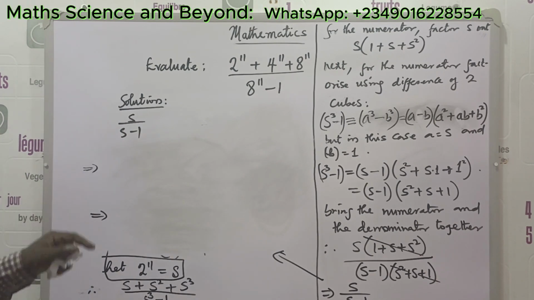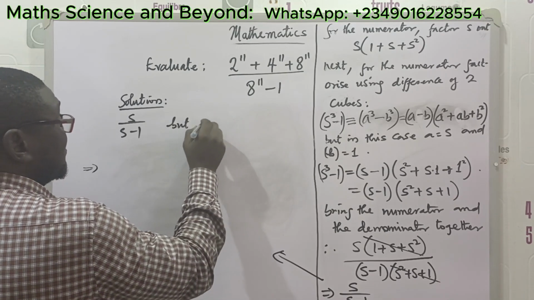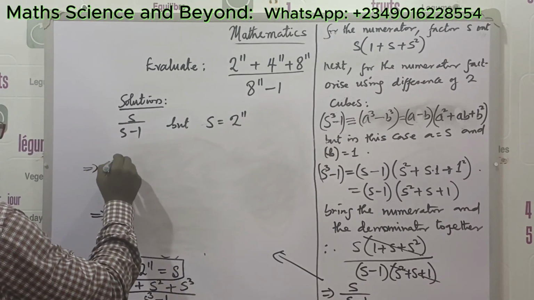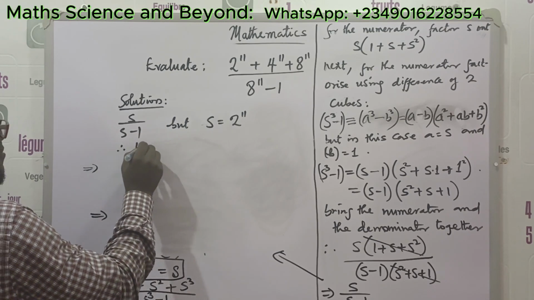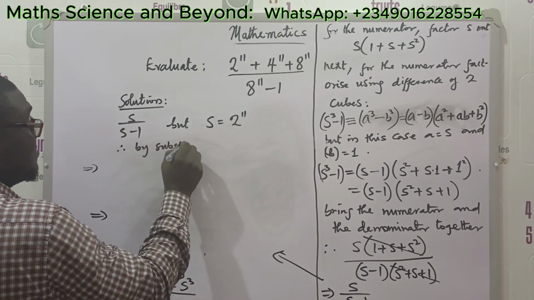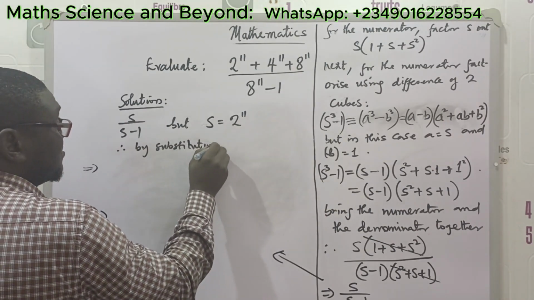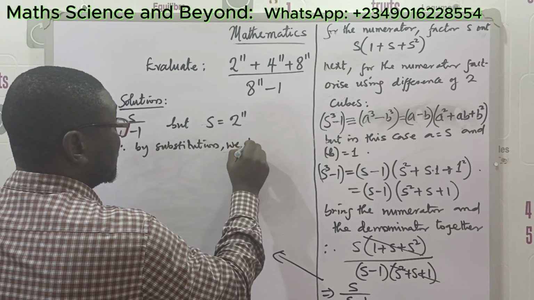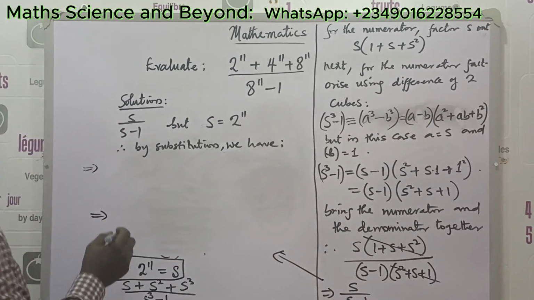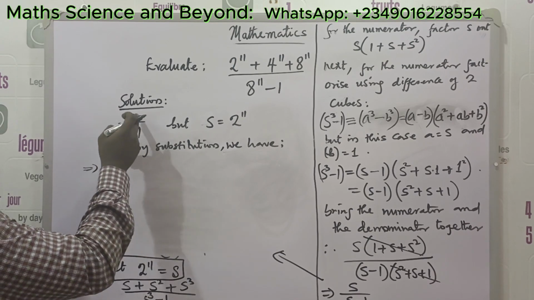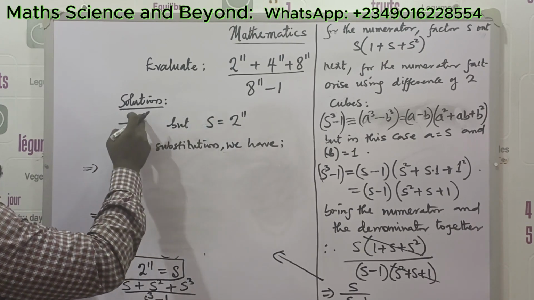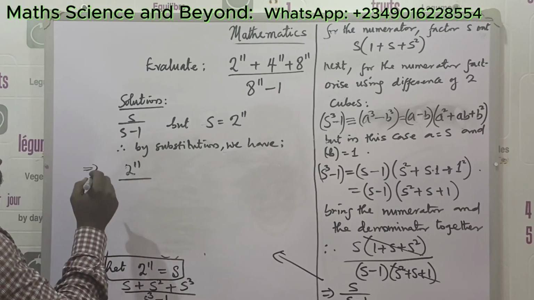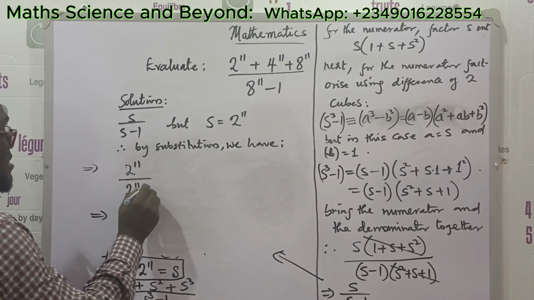But s is equal to 2 raised to the power 11. Therefore, by substitution, we are going to replace s with 2 raised to the power 11 back. So 2 raised to the power 11 all over what? 2 raised to the power 11 minus 1.